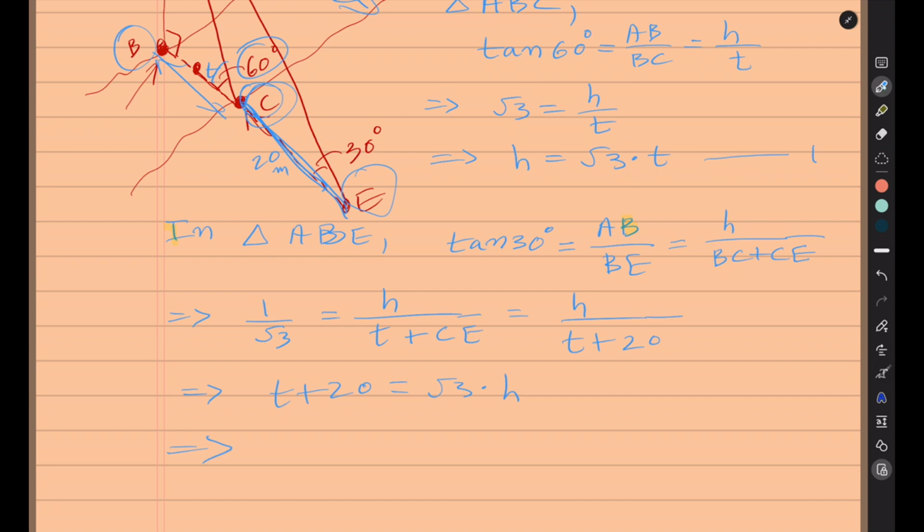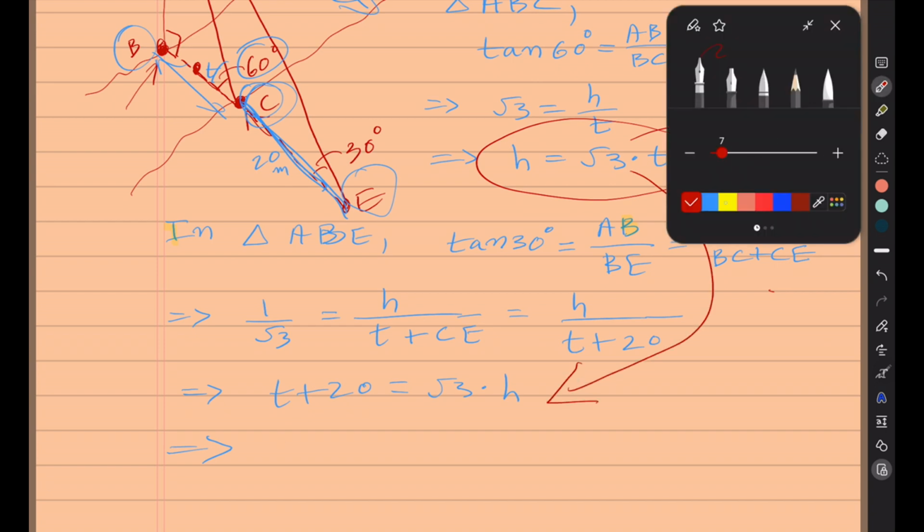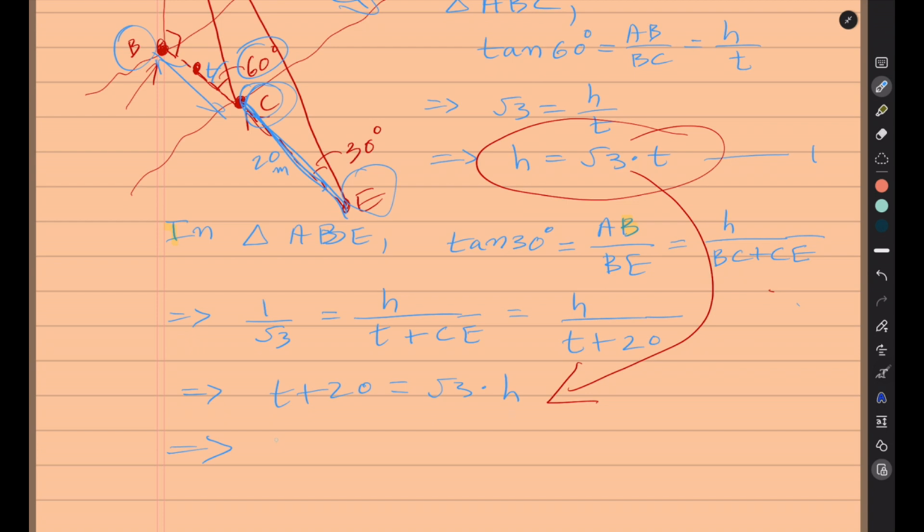And then we can take help of the earlier equation and put the value of H here. So T plus 20 is equal to root 3, and in place of H we can write root 3 T. That gives us 3T.